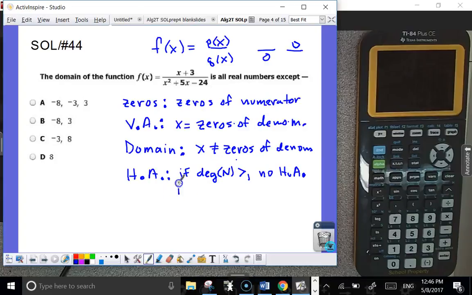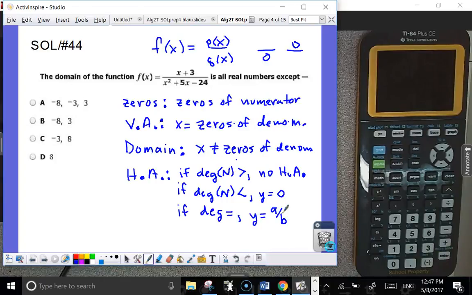How about if the degree of the numerator is less? Y equals 0. Remember, it's a horizontal line, so you've got y equals 0. Okay, and then what if it's equal? Y equals the ratio of the leading coefficients of the highest degree terms.